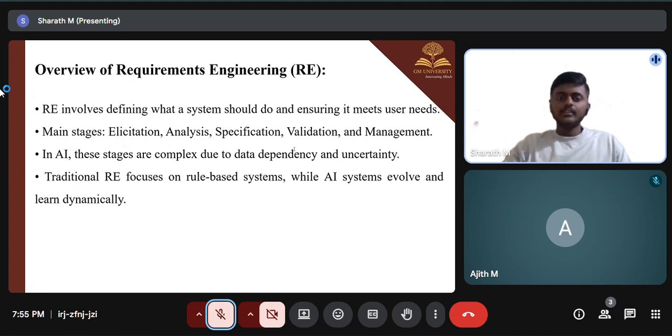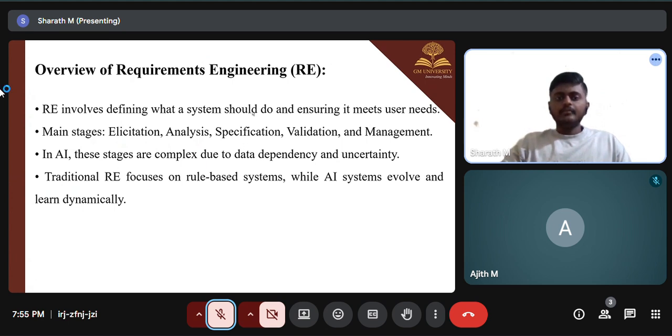In traditional systems, these stages are quite straightforward because the requirements remain stable. However, when it comes to AI software, things become more complex. AI systems depend heavily on data and learning models, which introduces uncertainty and continuous changes over time. Unlike traditional rule-based systems, AI-based systems evolve dynamically and learn from the data.